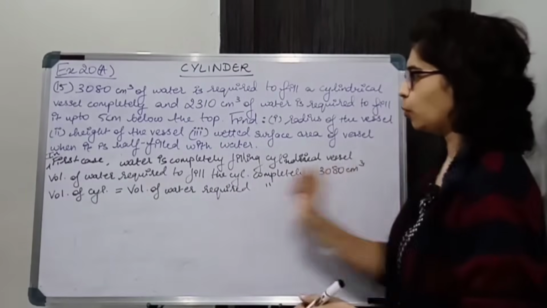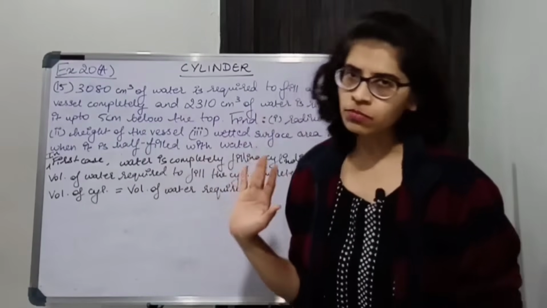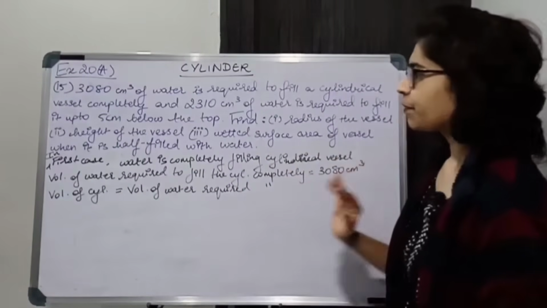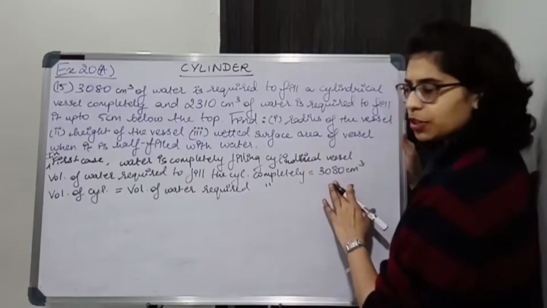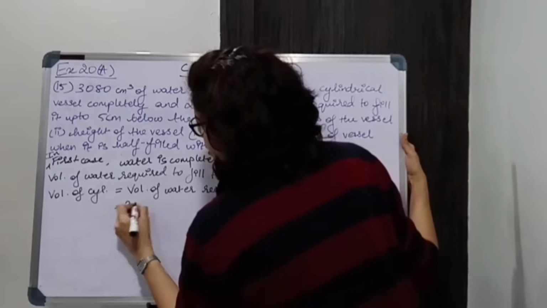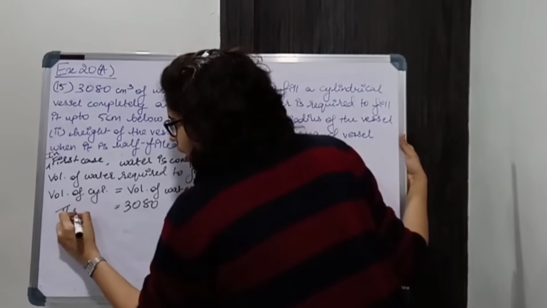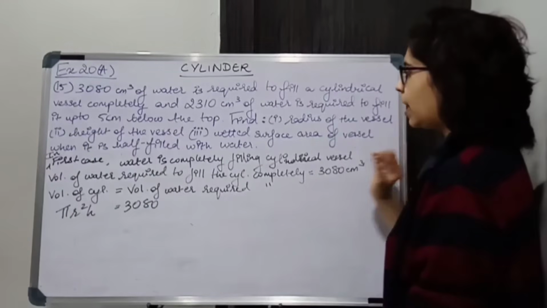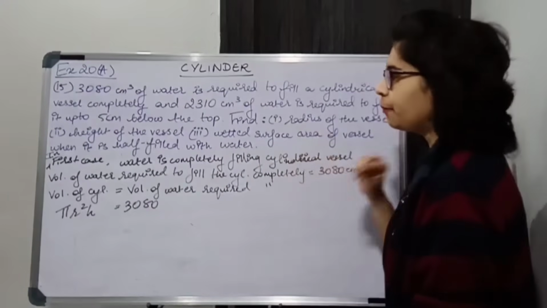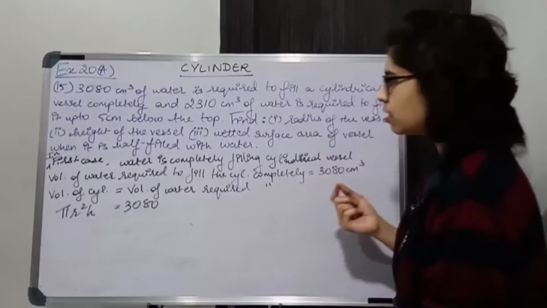Volume of water required to fill the cylinder completely is equal to the volume of cylinder. So this is equal to 3080. Volume of cylinder is 3080. That is pi r square h is equal to 3080. We have to write down over here, let r be the radius of the cylinder and h be the height of the cylinder.